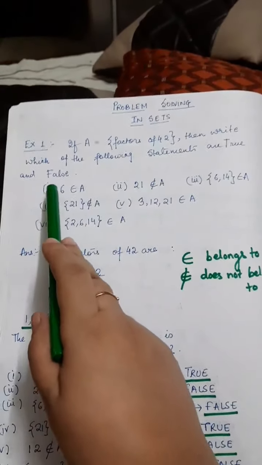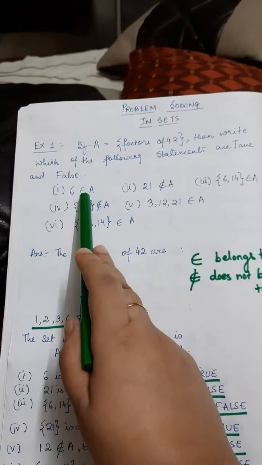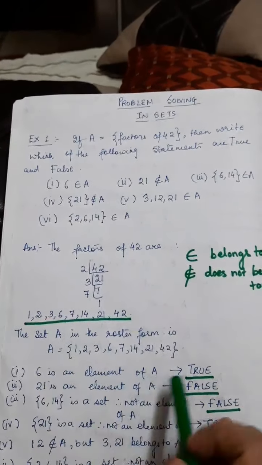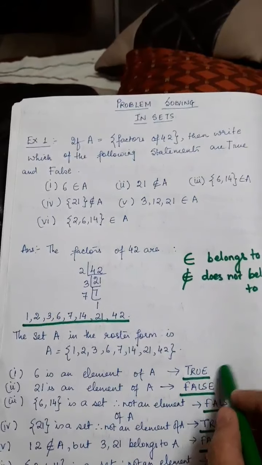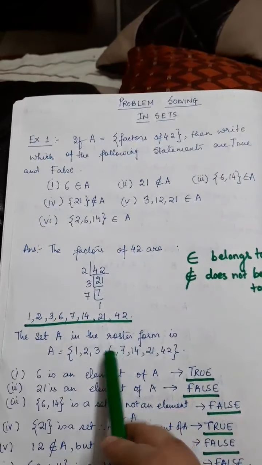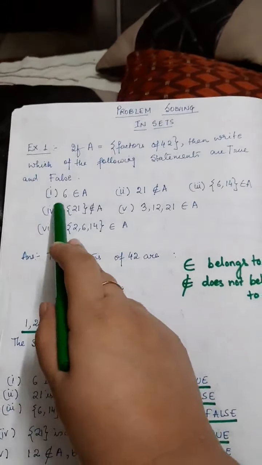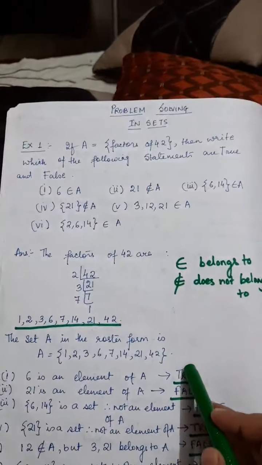Now I move on to question number 1. 6 belongs to A. Does 6 belong to set A? Yes. So question number 1 is true, since 6 is an element or member of set A, so it belongs to A. So this is true.